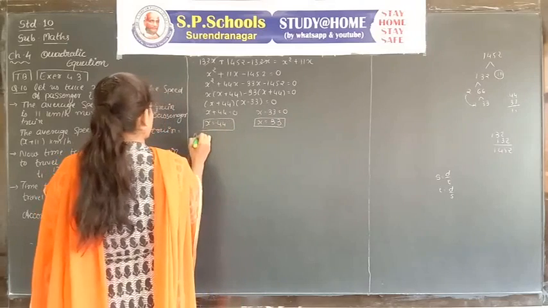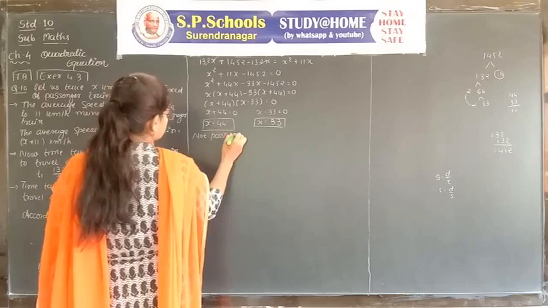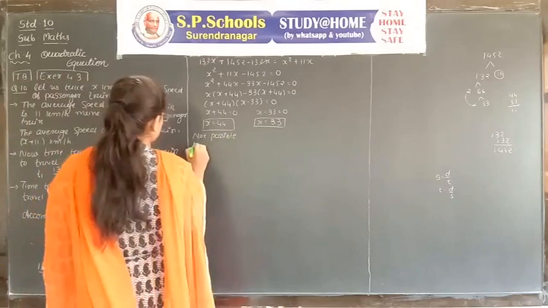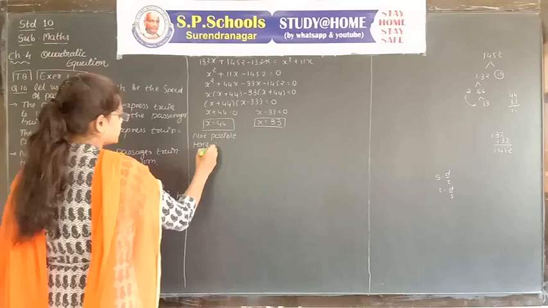Here the speed can't be negative, that's why it is not possible. X is equal to 33, then here x means the speed of the passenger train.